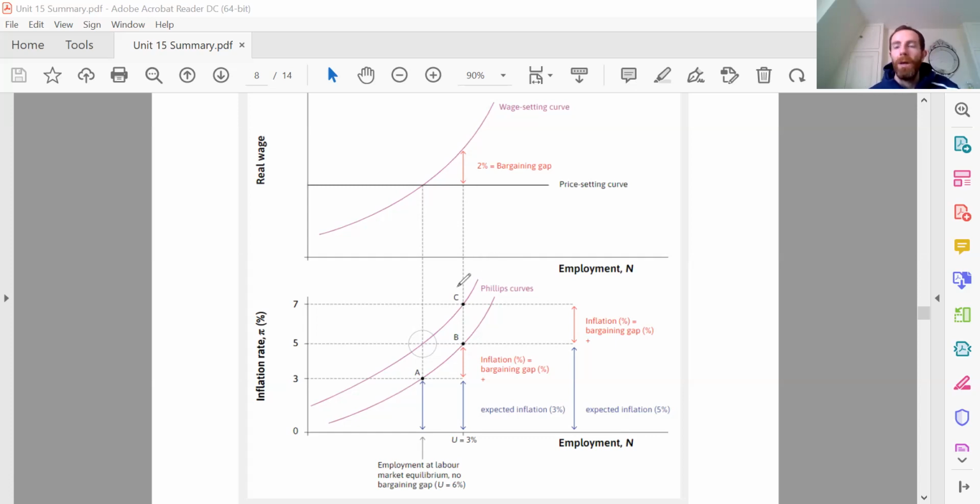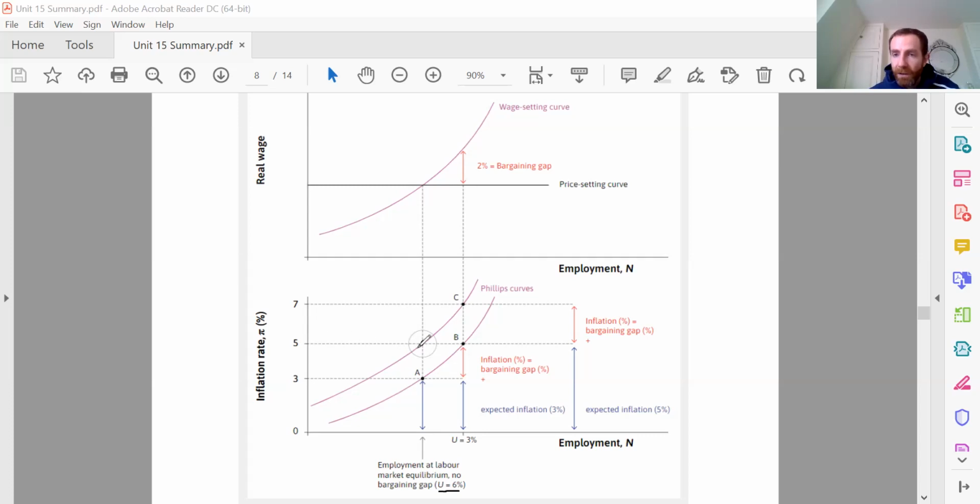And what we imagine is that their expectations of inflation for the following year will have changed. This is the really crucial part. If unemployment was at 6% at that equilibrium level, expectations of inflation would now be at 5%.